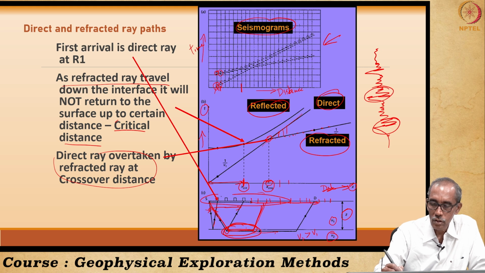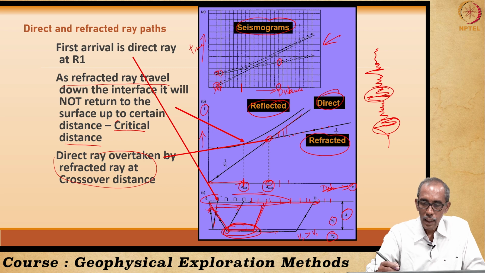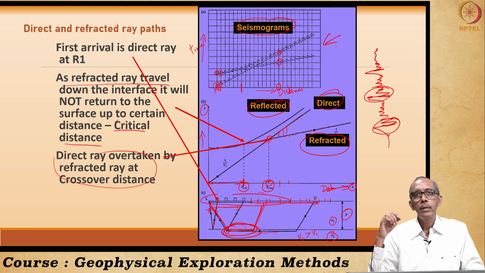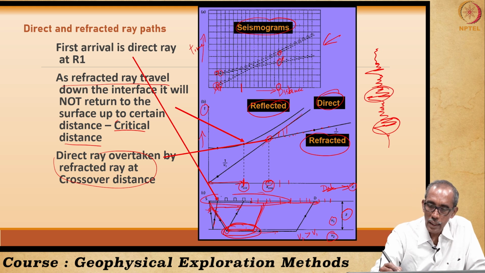For this particular geophone, this is the first arrival. The first arrival in the geophone will be due to refraction. Then there is the next major arrival. That arrival will be from where? From the direct wave. This is refraction, this is direct. Then there is one more arrival, that will be reflection.